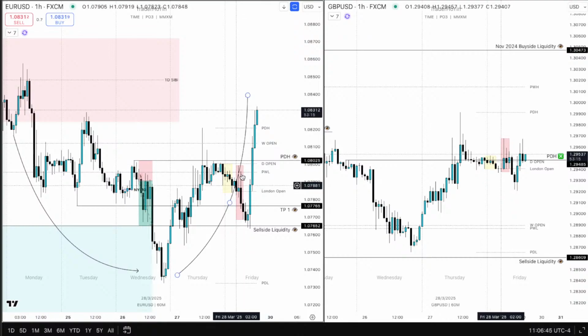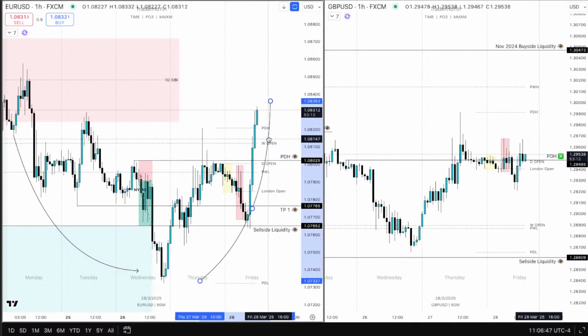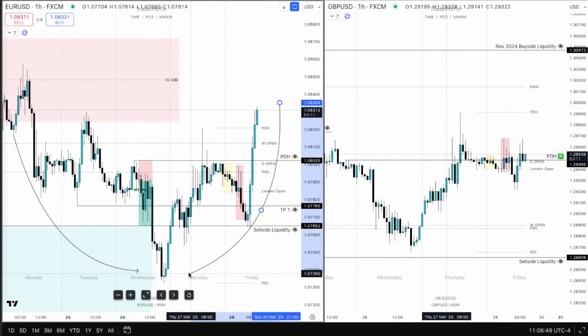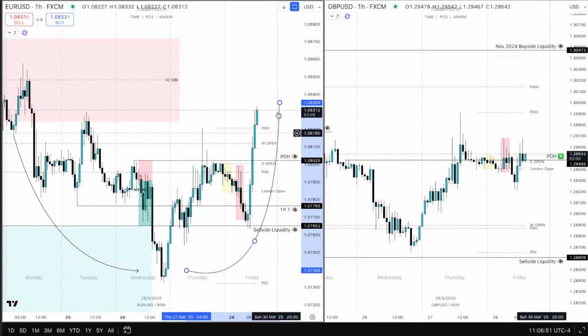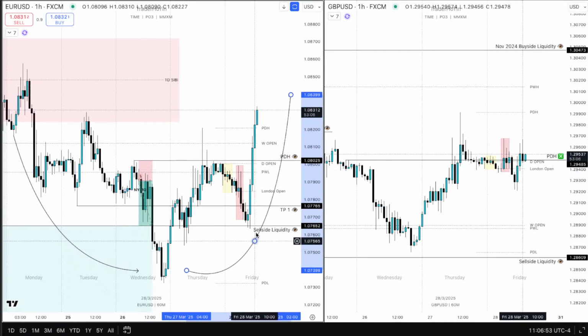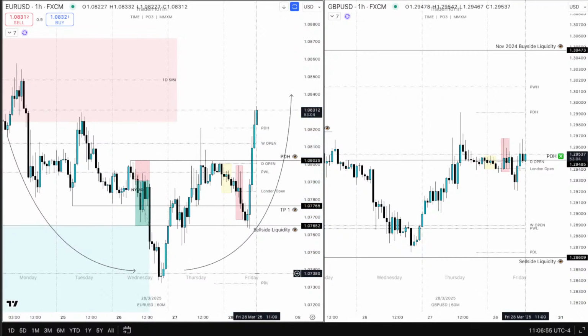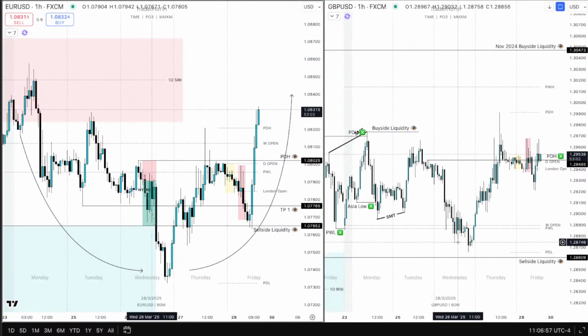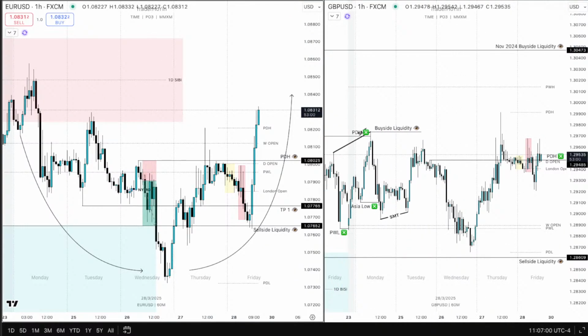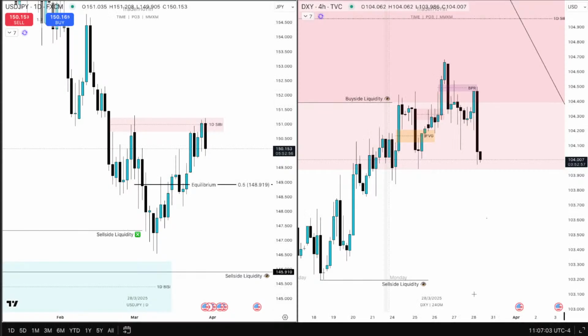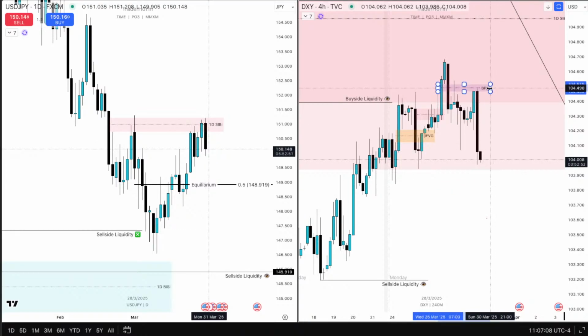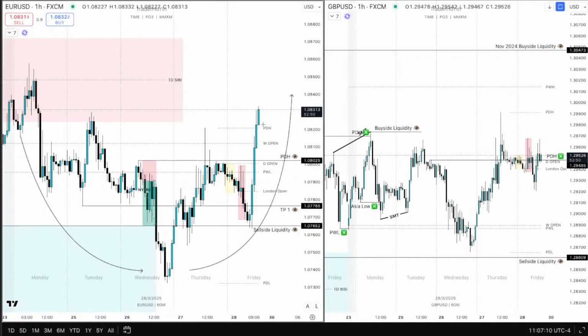It's a nice market maker buy model from the euro. With the bearish on the dollar, so expect euro to go higher.